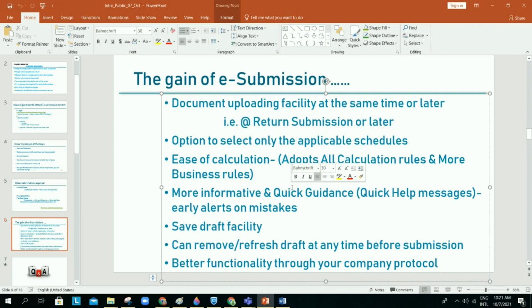Then my basic introduction is completed. We hope to conduct this session to demonstrate the return filling process by using an example. You are already aware that the tax computation has to be done by the direct method as per the 2017 current act. We have included the direct method tax computation into the return as Schedule 8.